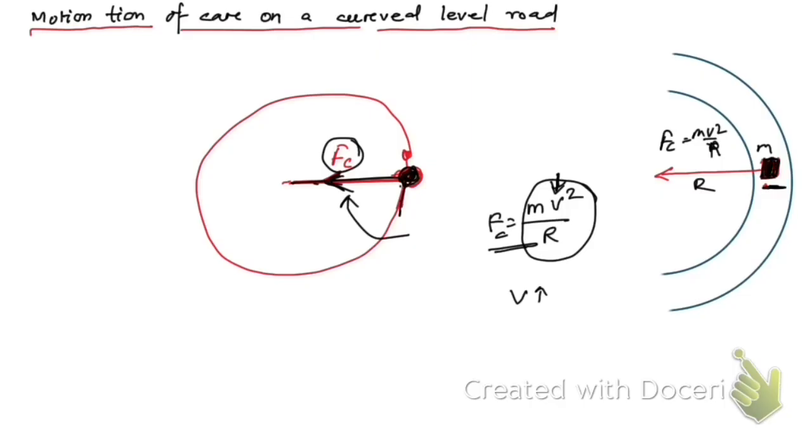It cannot stay on this circular track. It is going to skid off this track. Okay, this car will skid off this track, right?